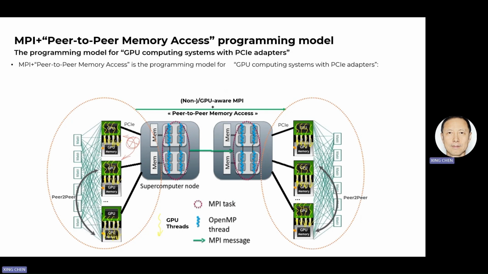Your program is going to benefit from the increased bandwidth between the GPUs by going through NVLink or the AMD Infinity Fabric link instead of going through PCIe. So that's the direct consequence of this architectural evolution.